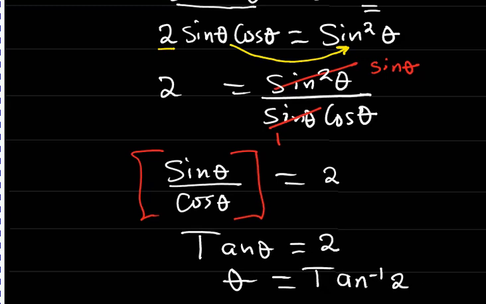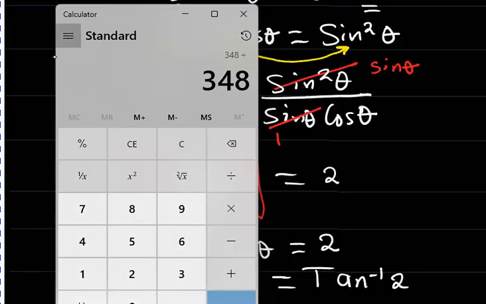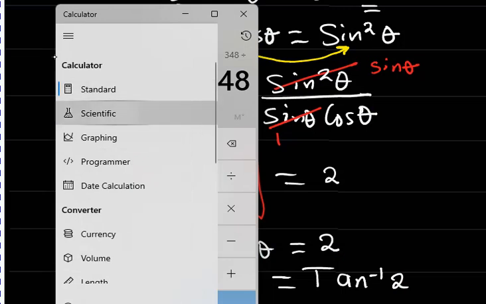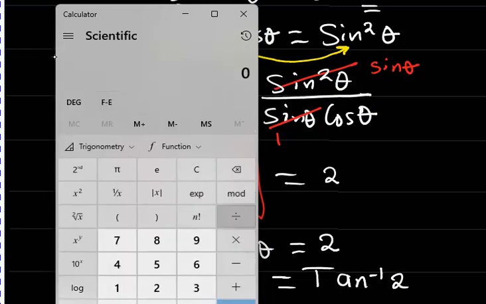Let me see if my calculator has the scientific mode. Okay, let me change this to scientific calculator so I can find the inverse of tan of 2.